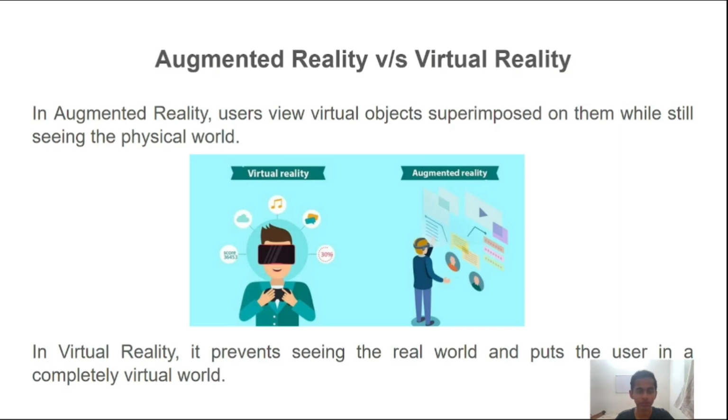So for example, in virtual reality, you wear a headset and you completely enter a fully virtual space like a video game. Whereas in augmented reality, you use your phone or augmented reality glasses to see the digital elements like Pokemon in Pokemon Go, and you're still in the real surroundings.